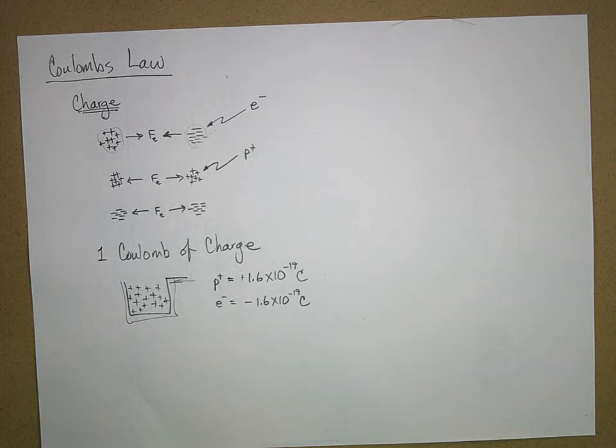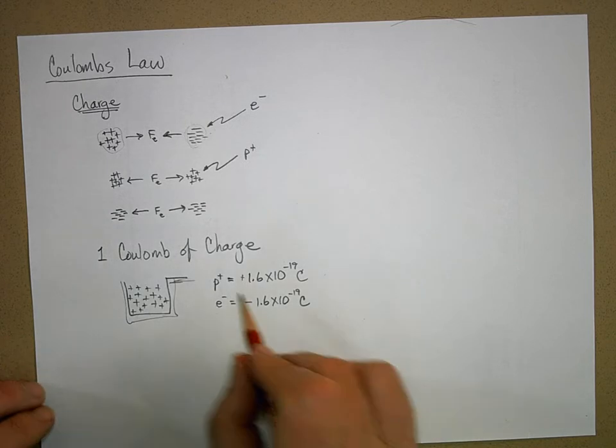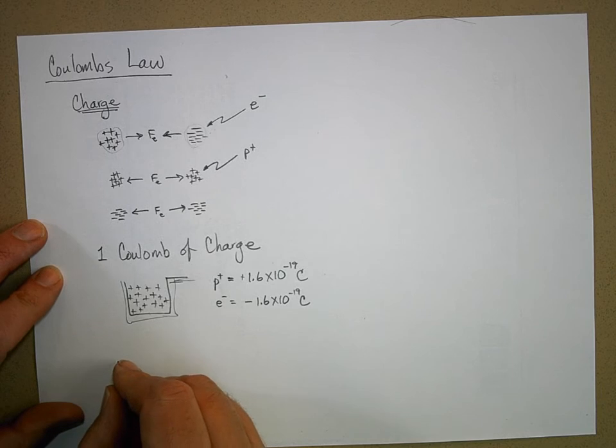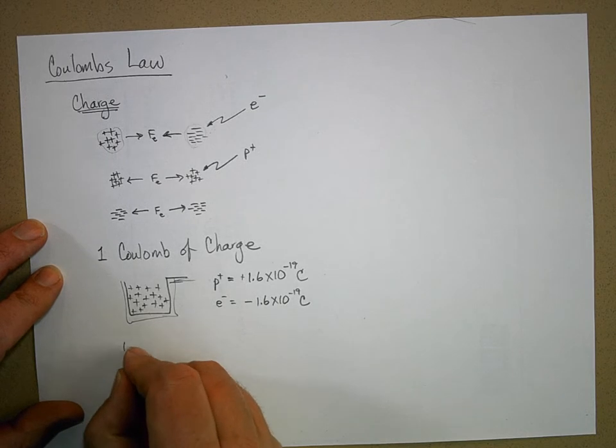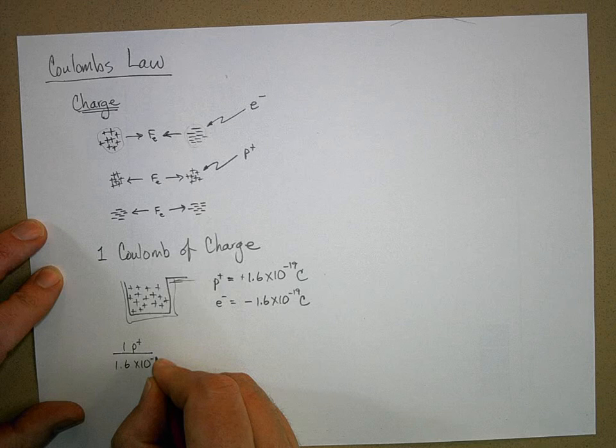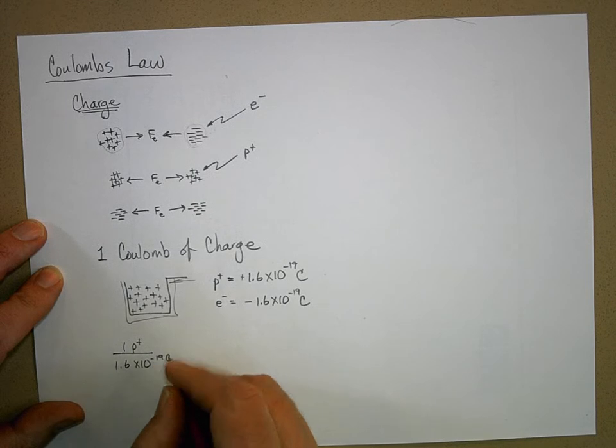So just think of it as a whole lot of protons. Well, let's figure out how many protons it takes to have a Coulomb of charge. Well, all you have to do is reciprocate this. If you say 1 proton has 1.6 times 10 to the negative 19 Coulomb, what am I doing?